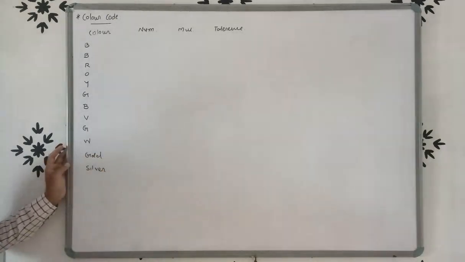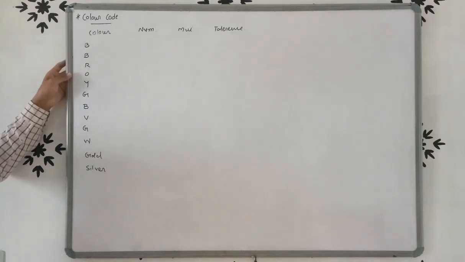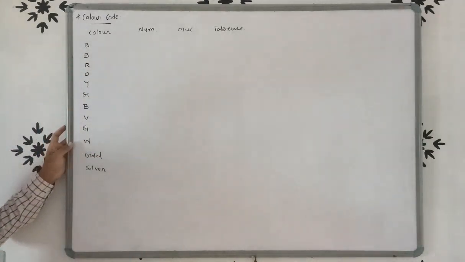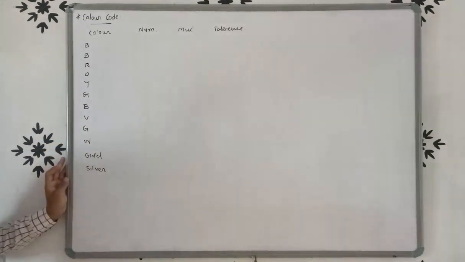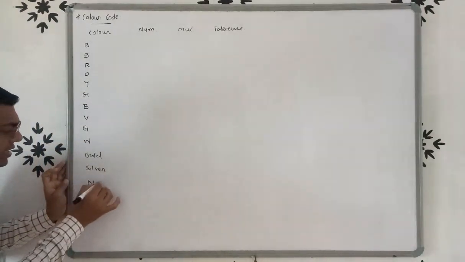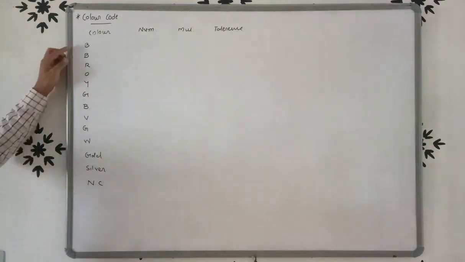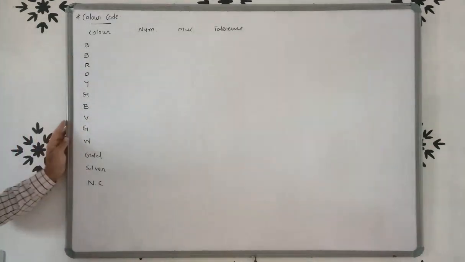You have to remember, friends, B Roy goes to Bombay via gateway of gold, silver, and at last NC, that means no color.